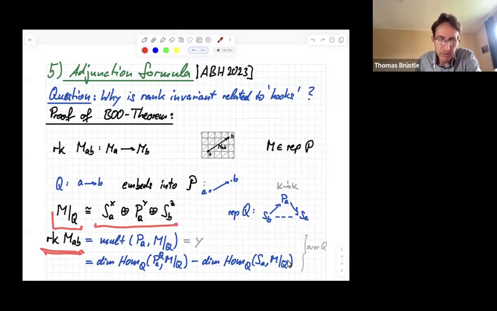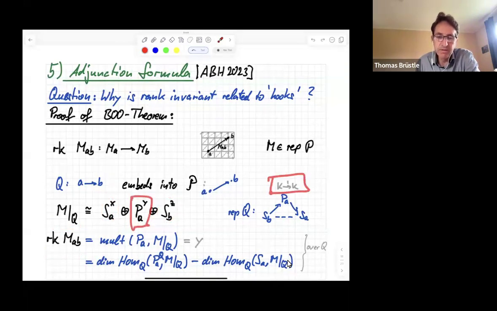Here it decomposes as a sum of these three indecomposables. The two simples do not contribute anything to the rank; the maps of the simples are zero maps. So the only summand that contributes to the rank of this map is the projective. And for every occurrence of the projective, the rank increases by 1.